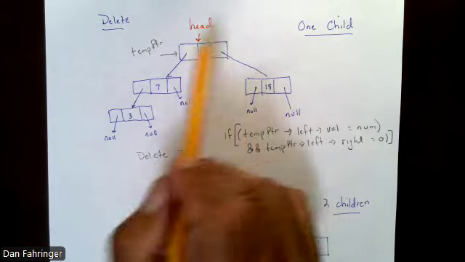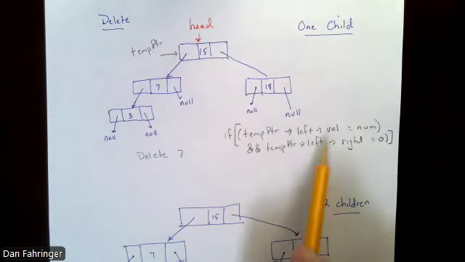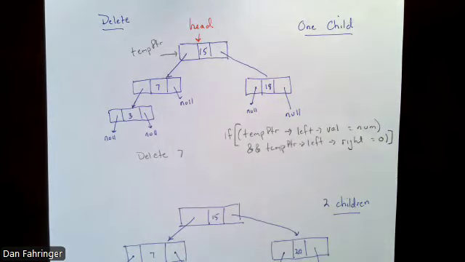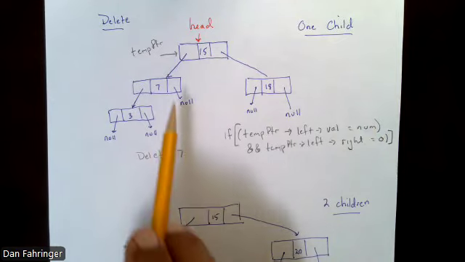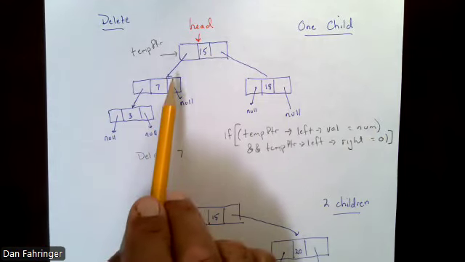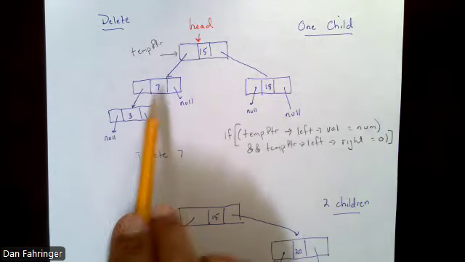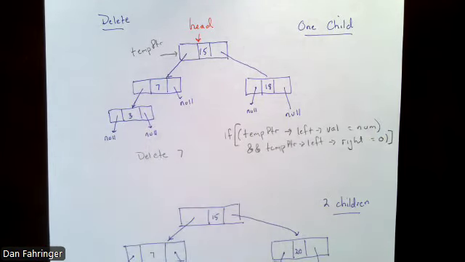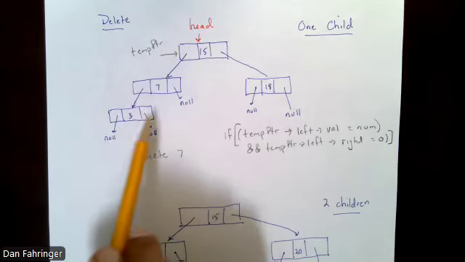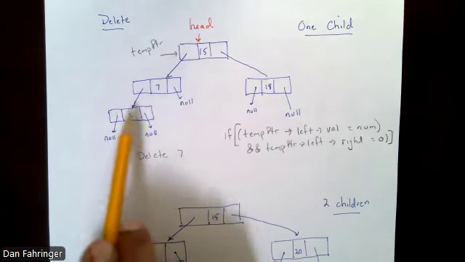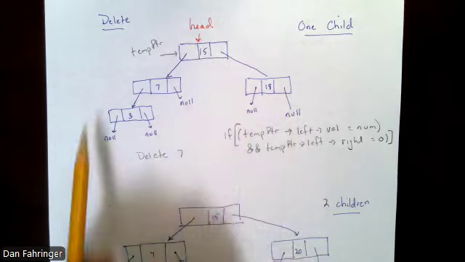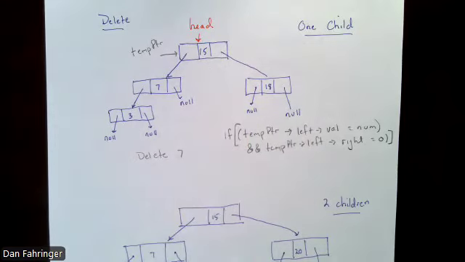So again, I'm just using a picture and I'm starting to draw out some code that might work. This is the one situation where I want to delete 7 and I have something to its left. And this left could be a lot of stuff. It could be a big subtree, right? If we have a whole tree, that would be a subtree going on down.